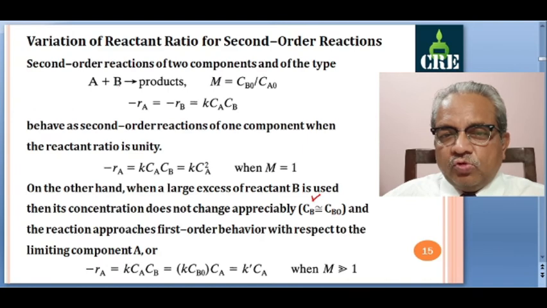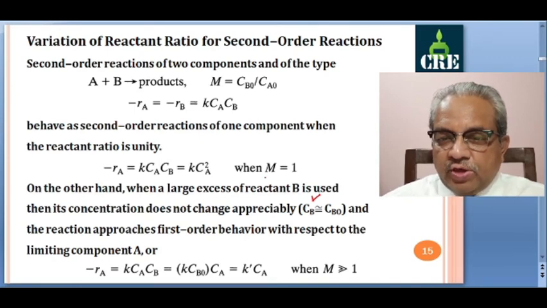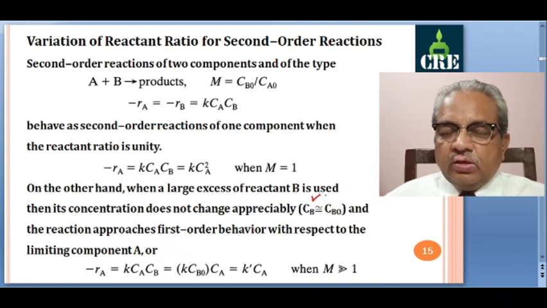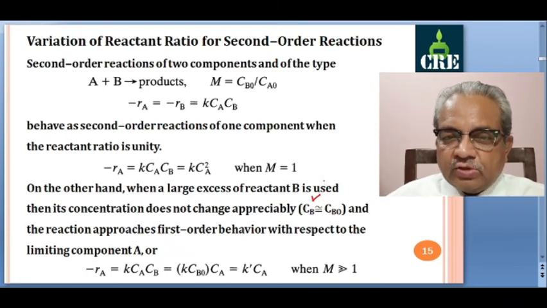Any unit you take, moles per liter or moles per meter cube, 49 moles are still remaining, and we say that this 49 is equivalent to 50, almost no change. So A changes from 1 to 0, whereas B, in large excess, 50 times, reduces from 50 to 49, which is almost no change.